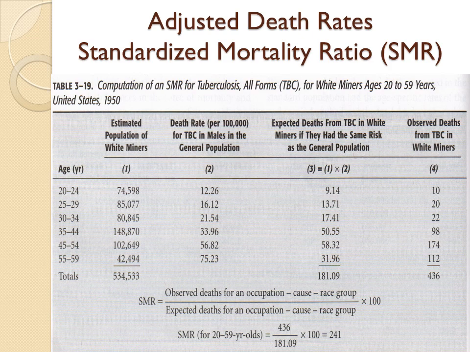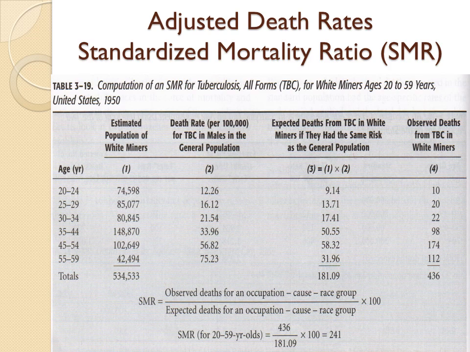Next, see the death rate for tuberculosis in males in the general population, that is 12.26, 16.12 and so on. In the third column, we can calculate the expected deaths from tuberculosis in white miners if they had the same risk as the general population. We calculate it from column 1 and column 2, giving the expected number of deaths from tuberculosis.